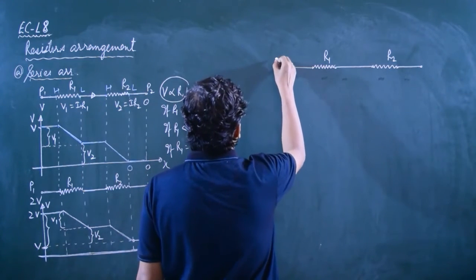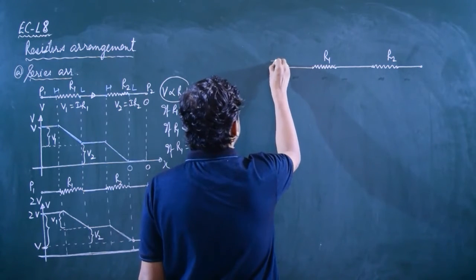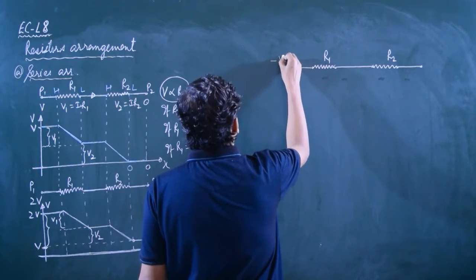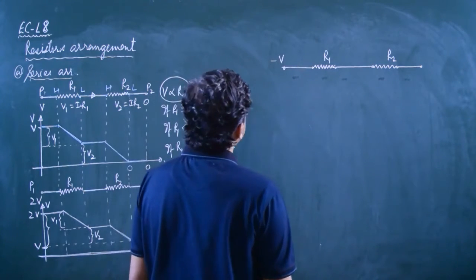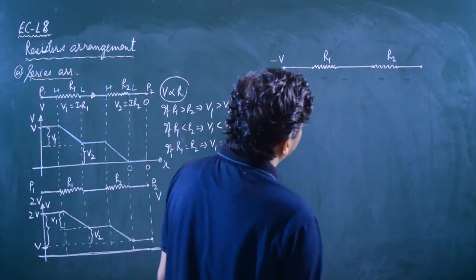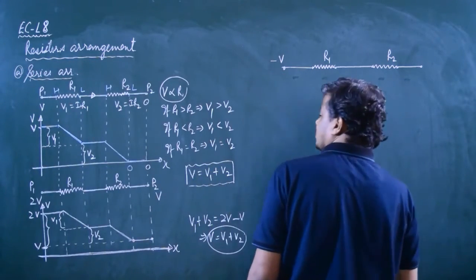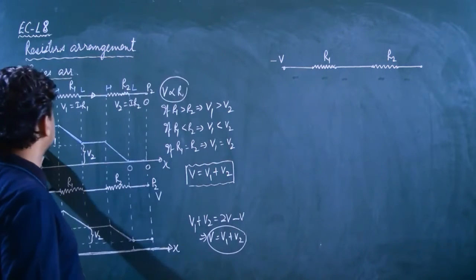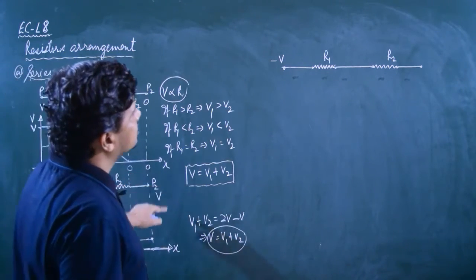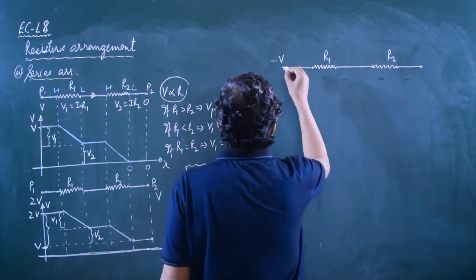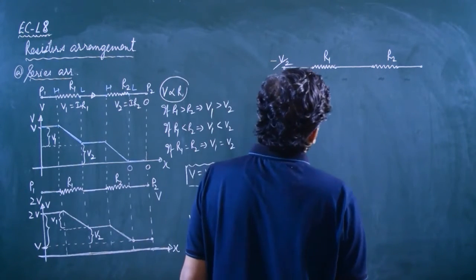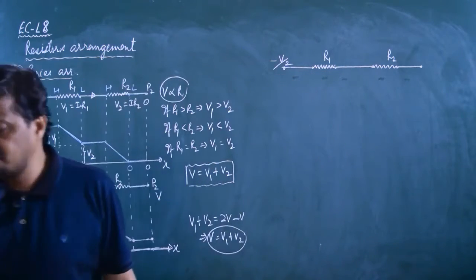Now at this end the potential is suppose minus V. When here it is minus V, then the potential difference would be V minus 0. So suppose here it is minus V by 2, or you may consider minus V.